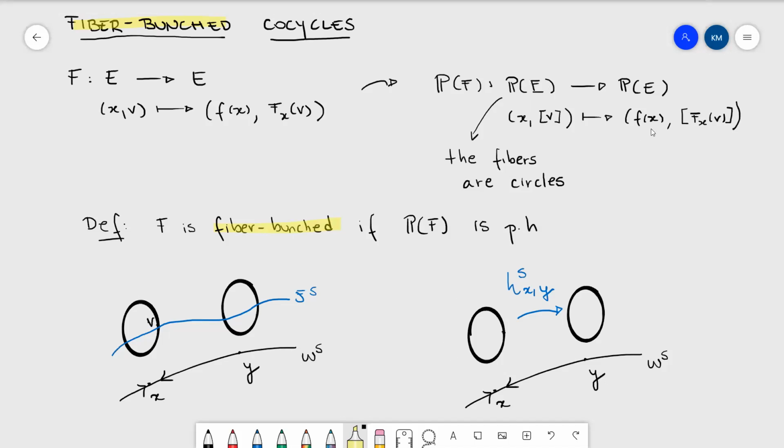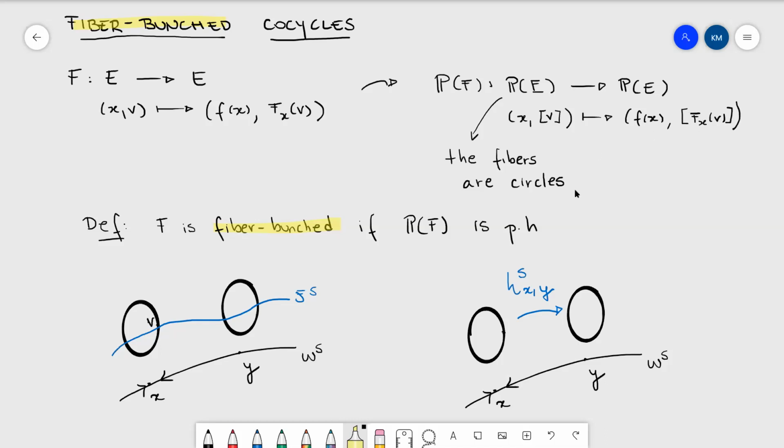I fix at the beginning F as being partially hyperbolic, but the definition is the same if you put another one here. The important thing is that you need to have some contraction and some expansion in the base. And what this condition means is that the action in the fibers is dominated by the contraction and the expansion in the base.